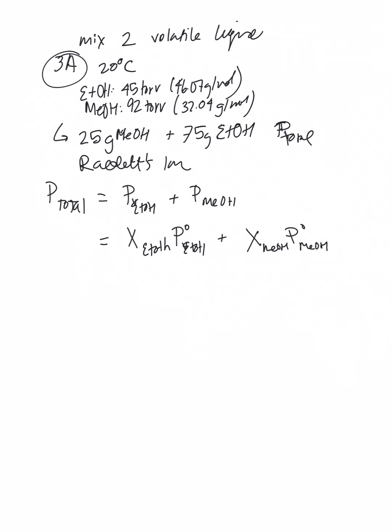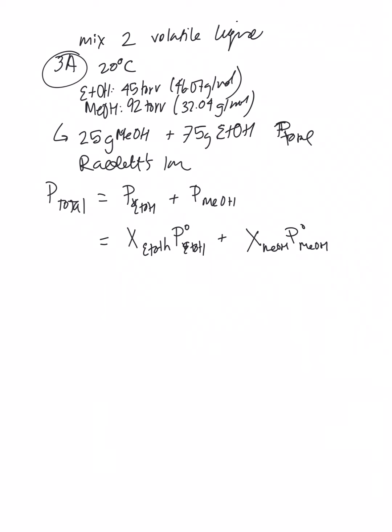So we have the mole fraction times the pressure when it's by itself, because when we mix them together, we're swapping out moles of one for moles of another, so we have to account for that in our new vapor pressure.